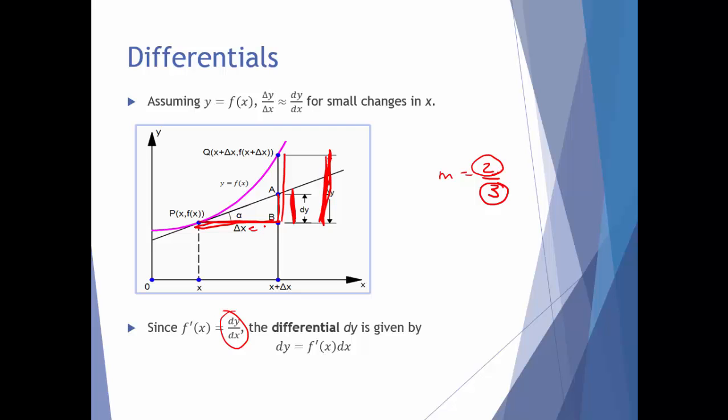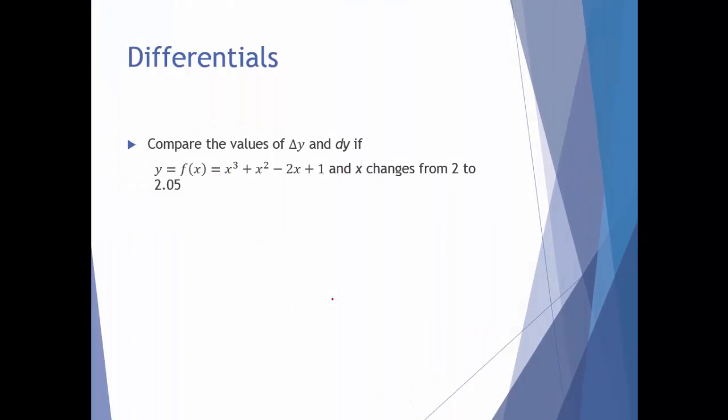So delta x and dx are actually the same if they're the independent variable, but delta y and dy are not. One of the questions we usually want to ask is to compare delta y to dy. So let's do that for this particular question. We've got a function x cubed plus x squared minus 2x plus 1, and we're going to let x change from 2 to 2.05.